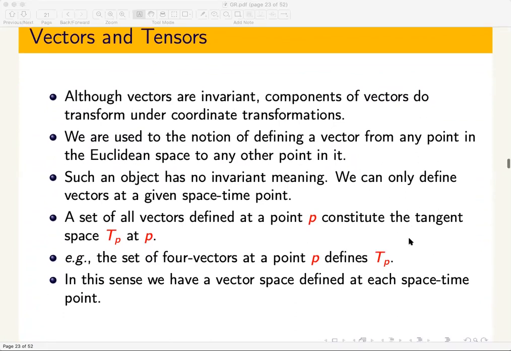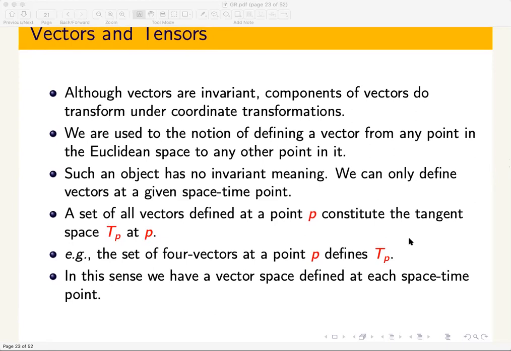Another thing is that in Cartesian coordinate systems, we are used to defining vectors as some kind of an arrow going from one point in space to another point in space.